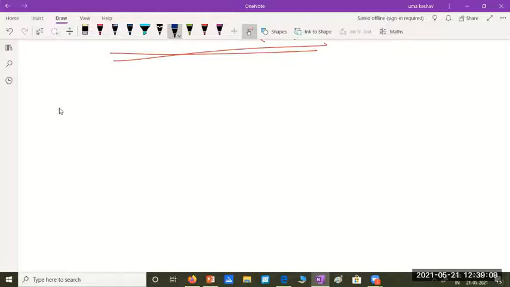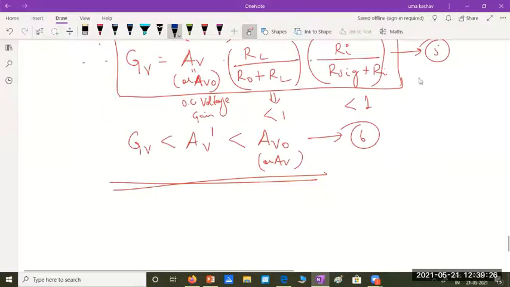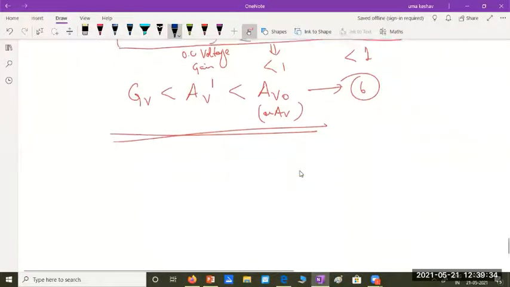That is called voltage gain with load, AV dash. And lastly, we will define the overall voltage gain, which is the voltage gain when the source resistance as well as the load resistance is considered. Rsig as well as RL both are considered, then the overall voltage gain of the circuit reduces. That's what we have considered.